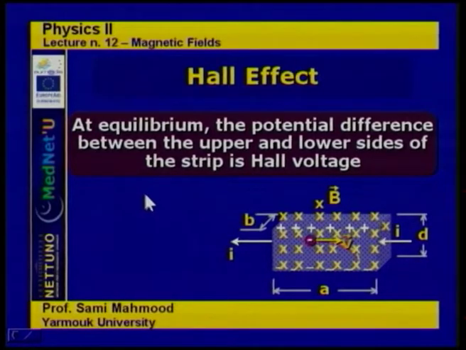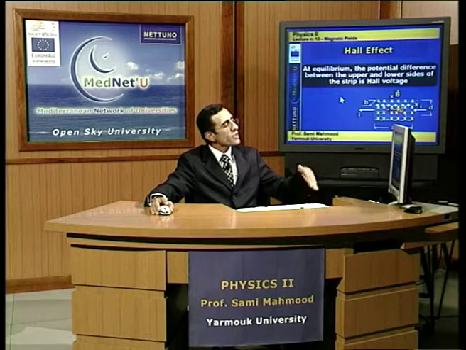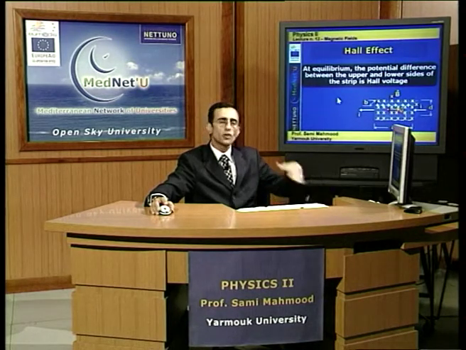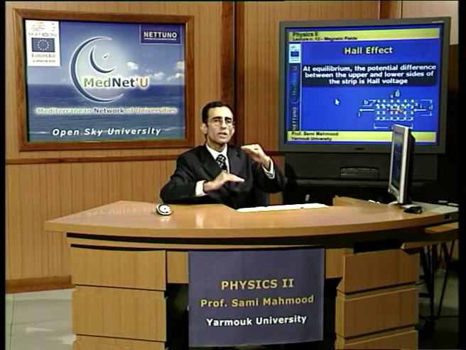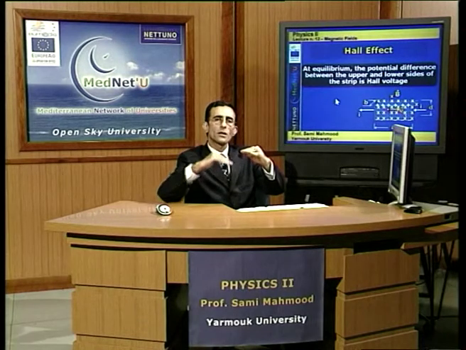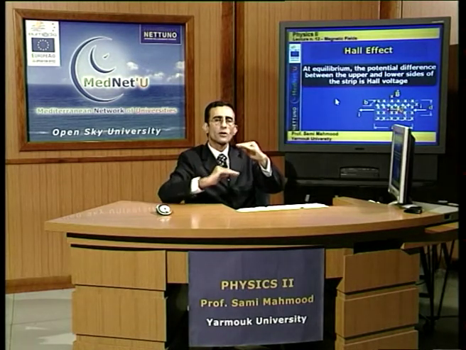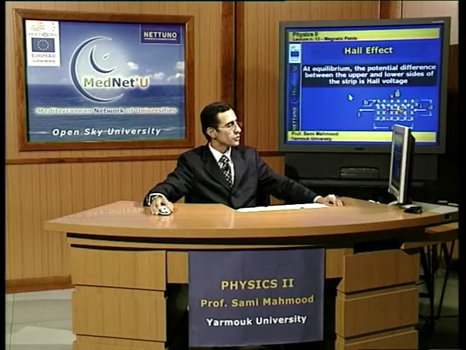And this process keeps going, building a potential difference between the upper and lower part, until equilibrium is maintained. At equilibrium, when there is no more drifting of the charges, the potential difference between the top part and the bottom part of the strip is called the Hall voltage.